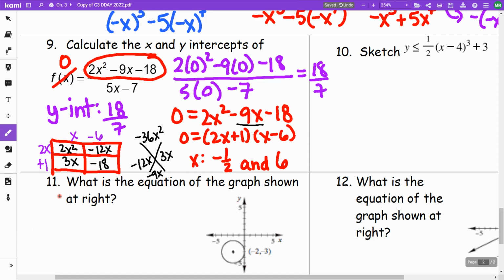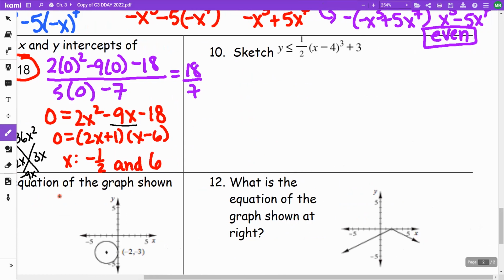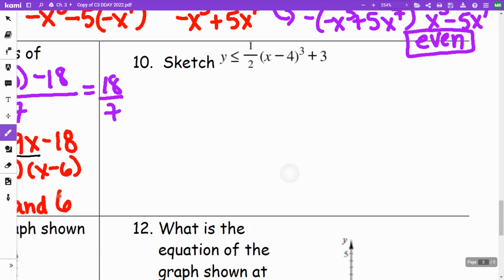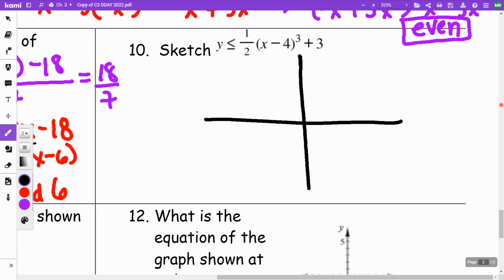On number 10, they're asking us to sketch this. Now, if you want, you can add in a graph, or we can just sketch this since it is asking us just for a sketch. I am going to have an inflection point at 4, 3.